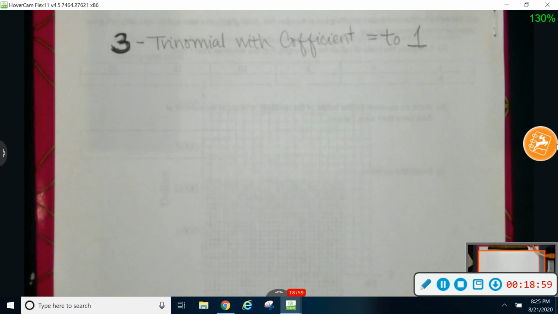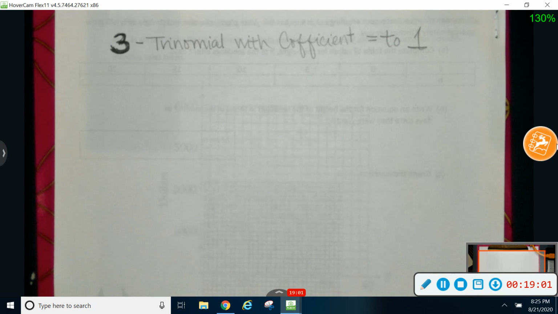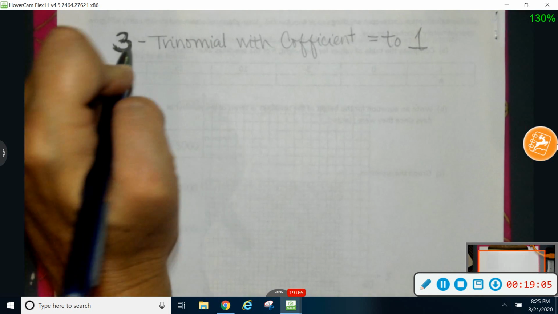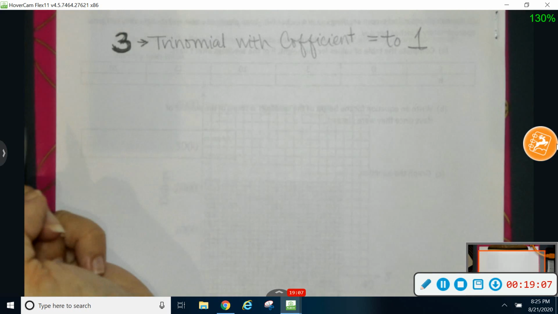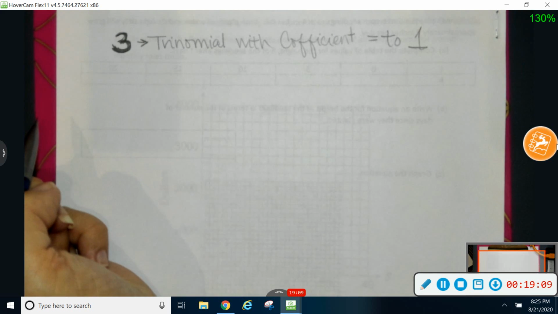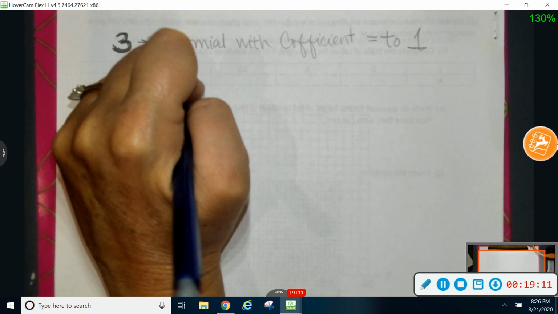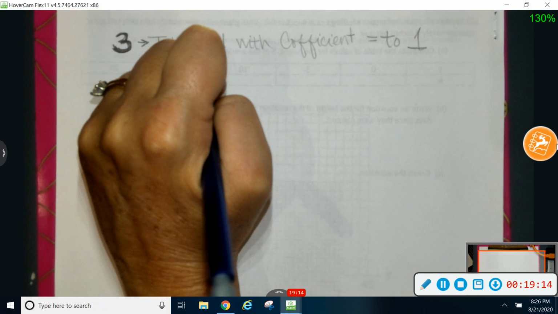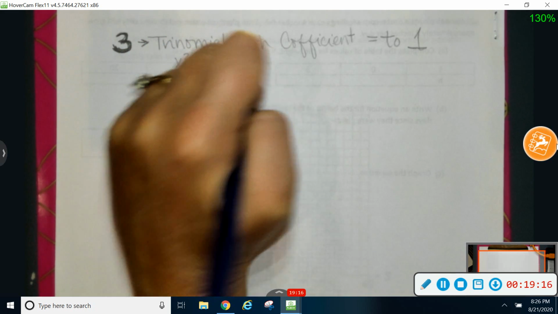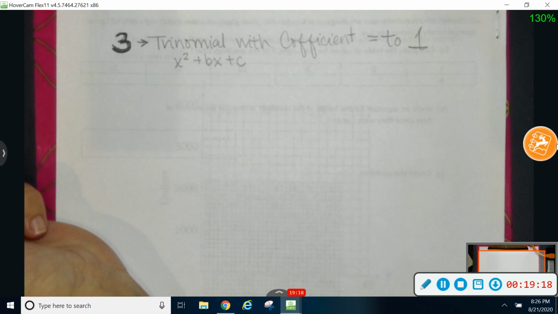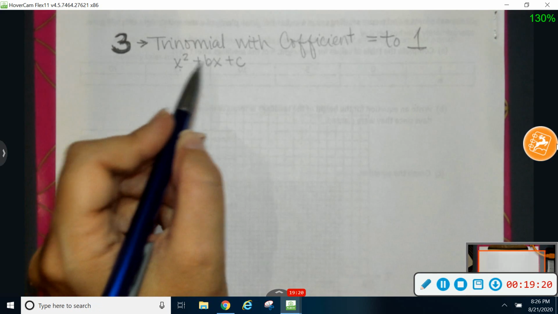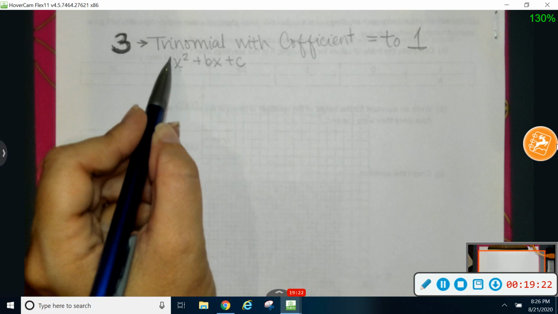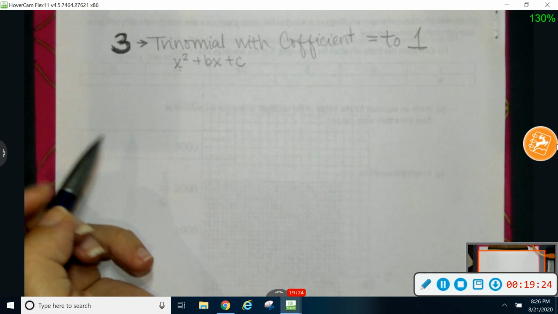Here we go. 3 terms might be the case of a trinomial with a coefficient equal to positive 1. These we like the best. So this is kind of our common Algebra 1 factoring, x squared plus bx plus c. So trinomial being 3 terms with a leading 1 in the front of that x squared.